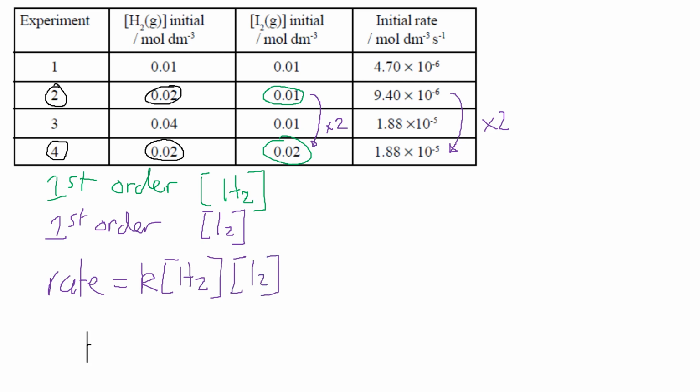Rearrange to make K, so K equals rate divided by the concentration of the hydrogen times the concentration of the iodine. At this stage, plug some numbers in. Once again, it doesn't matter which experiment you go for as long as you're consistent, so don't pick and mix between the different experiments. Let's just go with experiment 1.